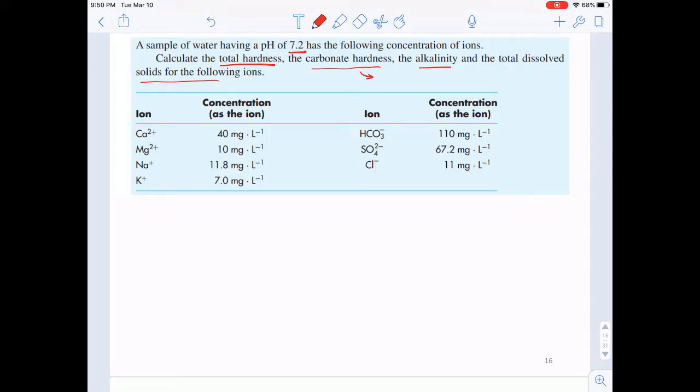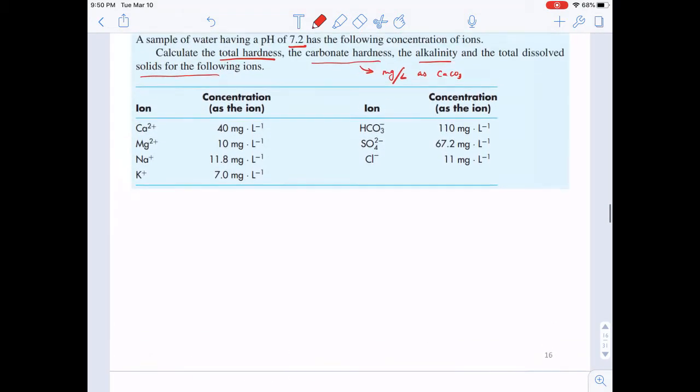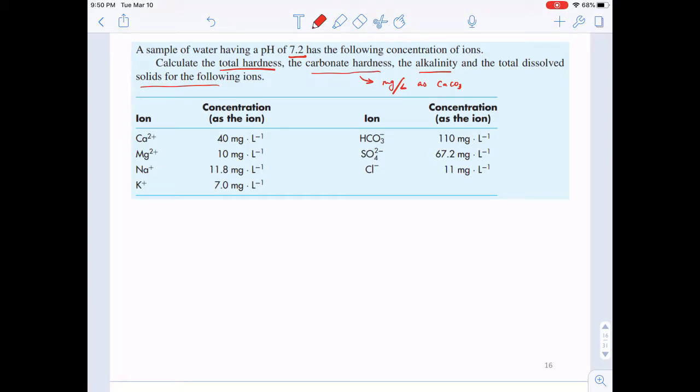So we want to represent these as equivalent concentration, in milligram per liter as calcium carbonate. Now we can start to construct this bar chart, or bar graph, to find out the relationship of the total hardness, carbonate hardness, and non-carbonate hardness.